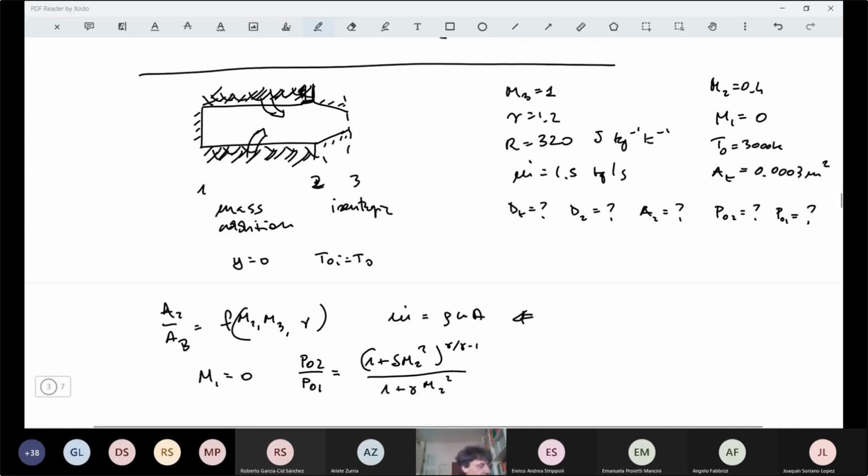You can go back to the relations we have got in class and see that this relation can be applied in this way for the present test case.